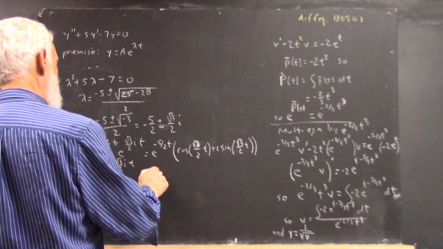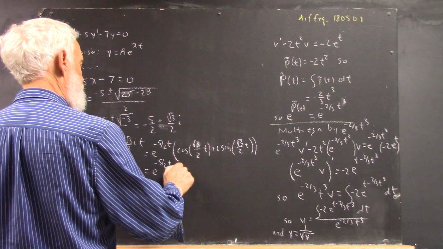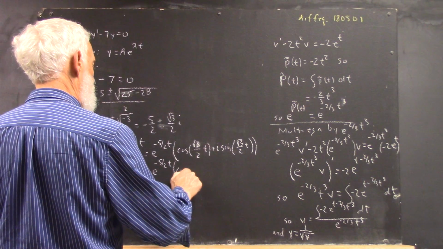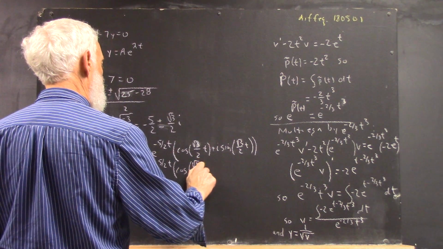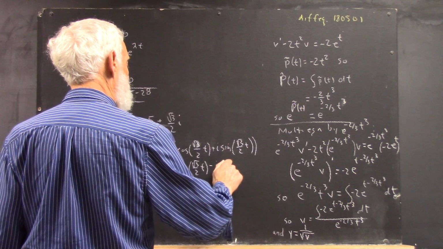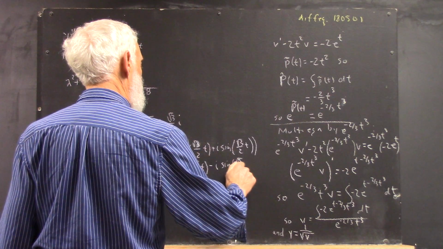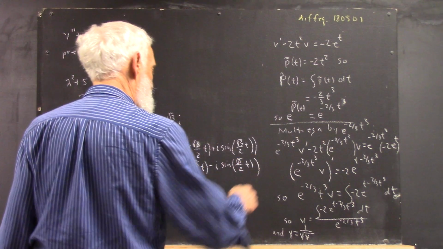And y2 is e to the -5 halves t times the cosine of square root of 3 over 2 t minus i sine of square root of 3 over 2 t.